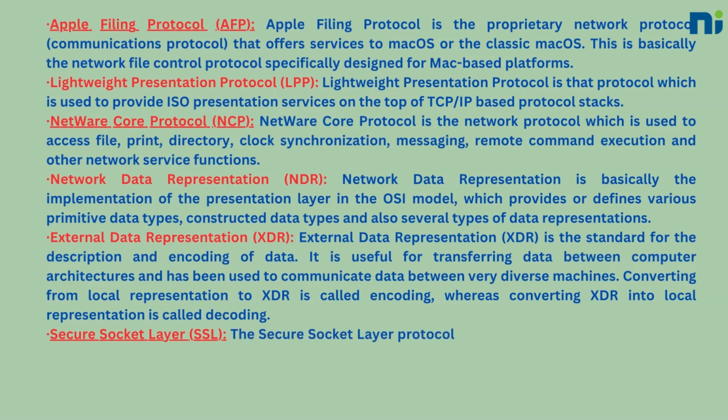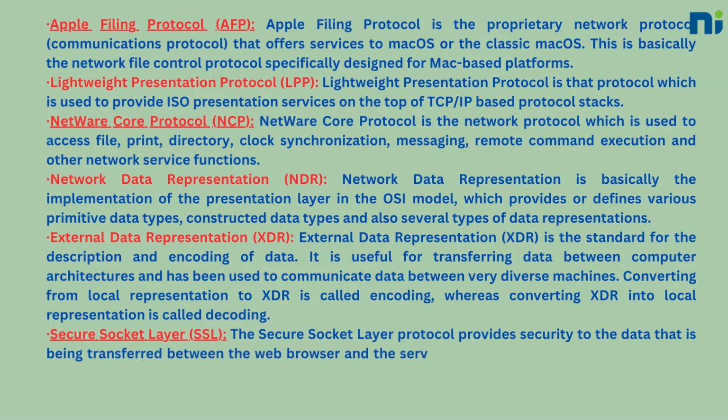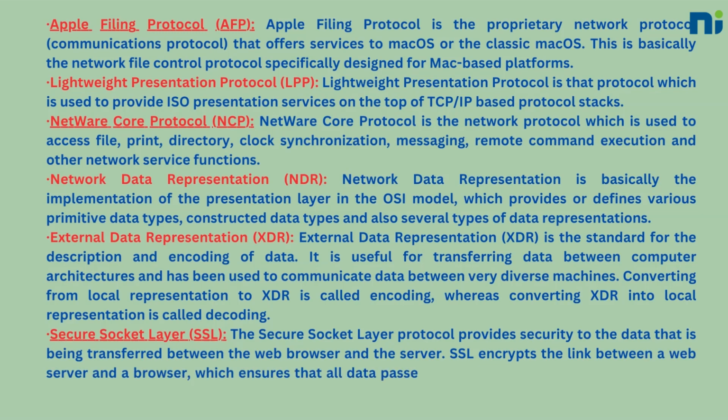Secure Socket Layer, SSL. The Secure Socket Layer protocol provides security to the data that is being transferred between the web browser and the server. SSL encrypts the link between a web server and a browser, which ensures that all data passed between them remains private and free from attacks.